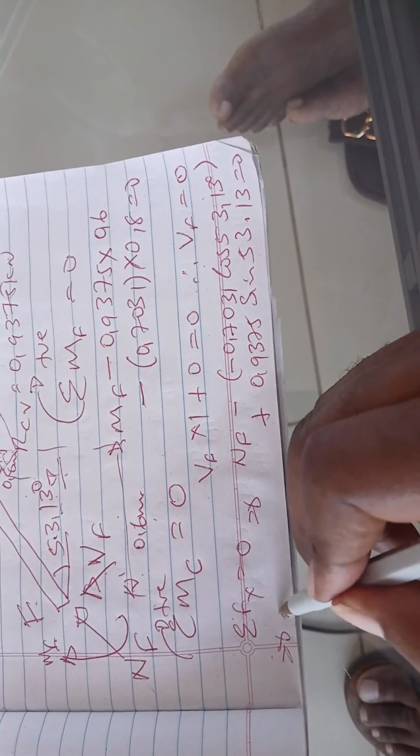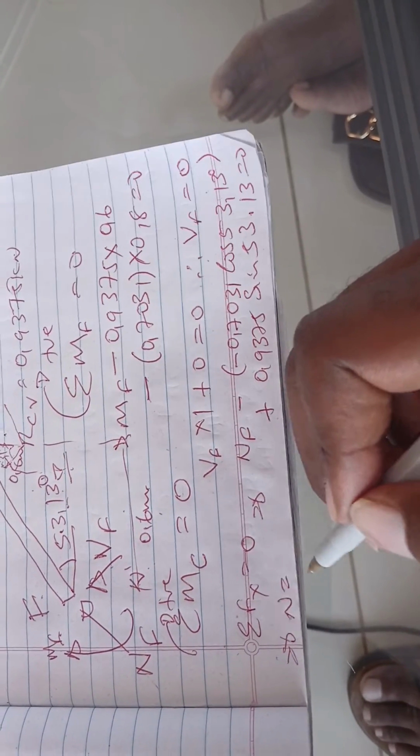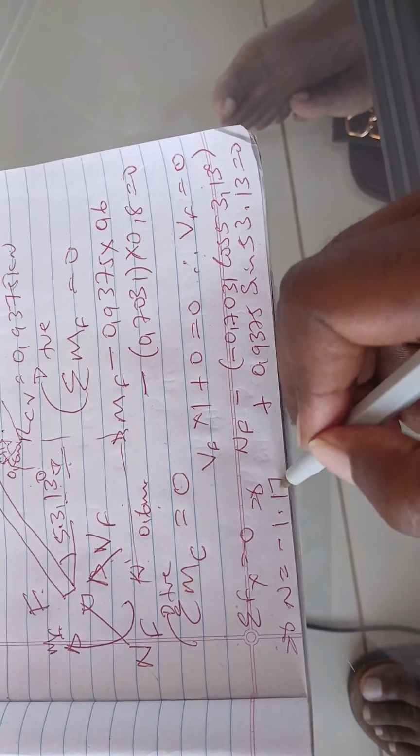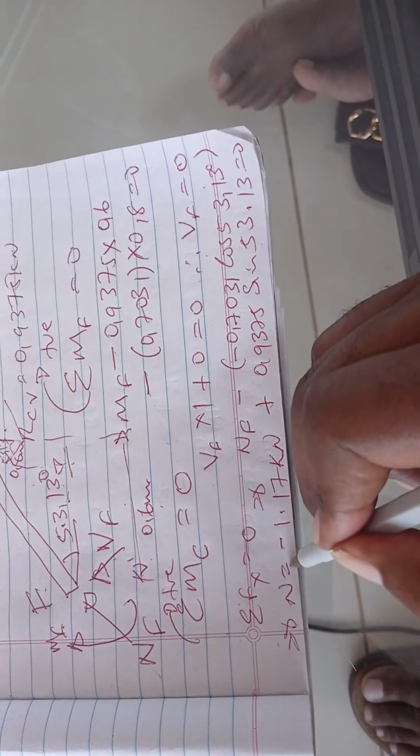This implies that my NF is equal to minus 1.17 kilonewtons.